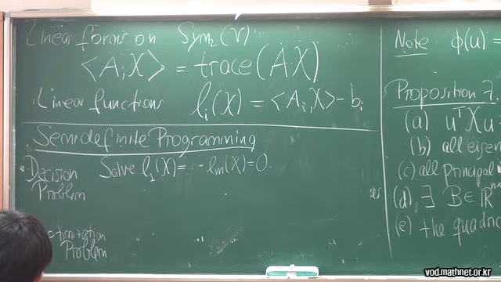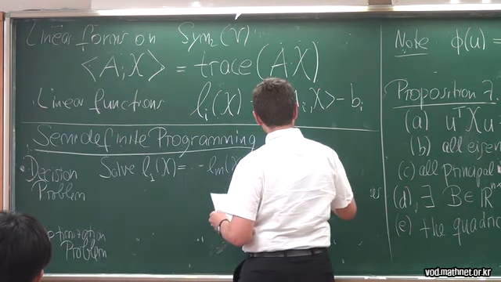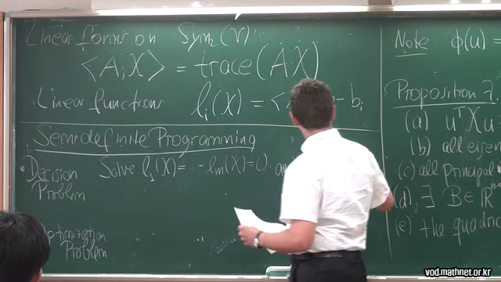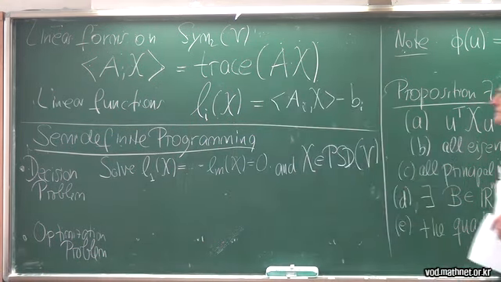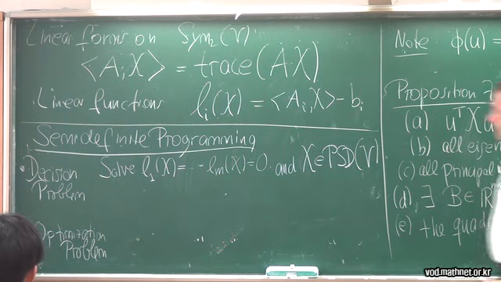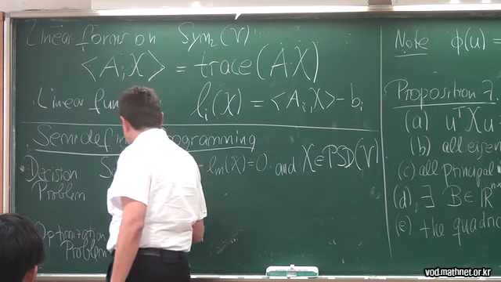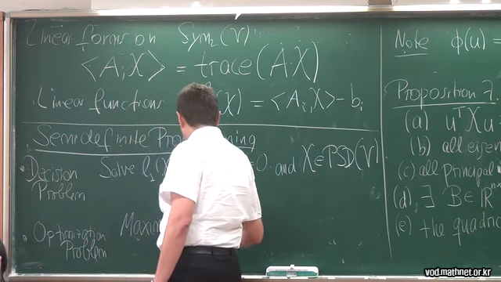Okay, so the decision problem is: solve a linear system of m equations, L1 equals 0, and so on up to Lm equals 0, subject to the condition that X is in our cone, that is, X is a positive semi-definite matrix. Can we find a positive semi-definite matrix that satisfies a linear system of m equations? The optimization problem says let's maximize a linear function, which I call L0.